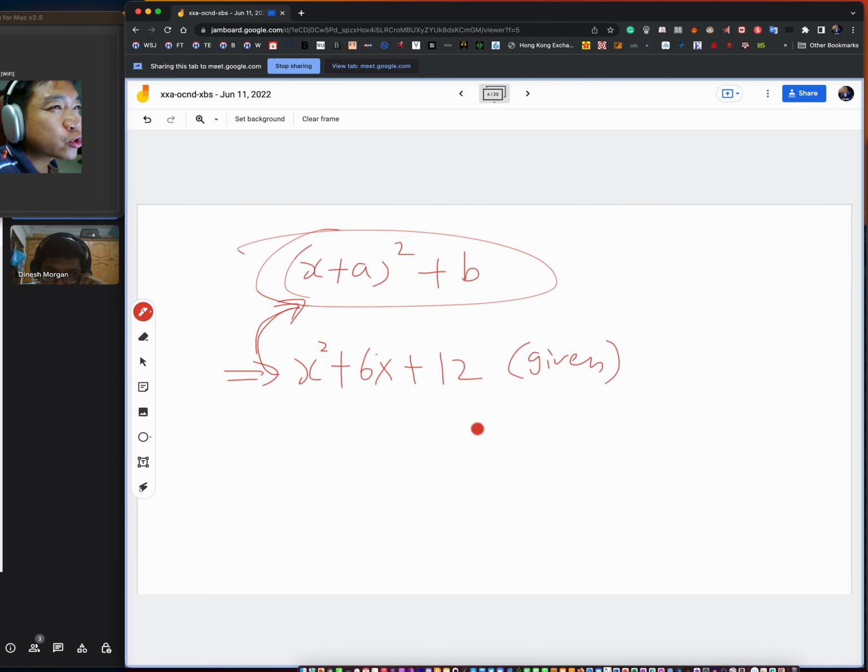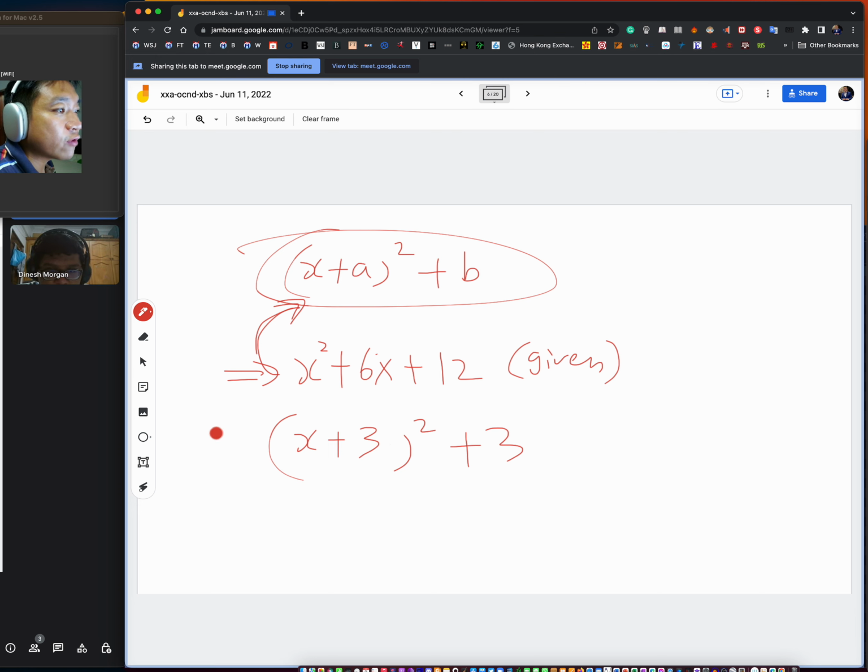A lot of students, maybe express students or students like you, know what to do: 6/2, which is 3. Then you know you have this 3 squared, which is 9, so you just have to add 3.